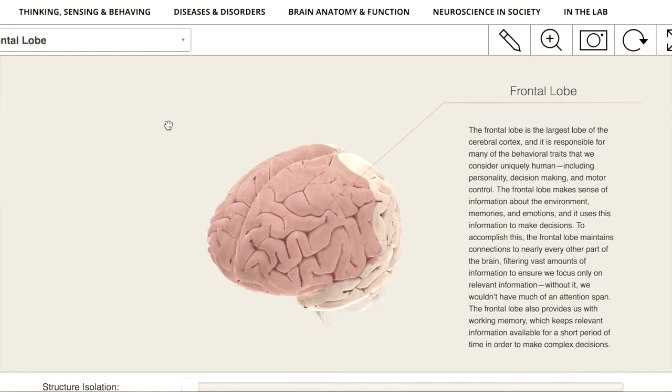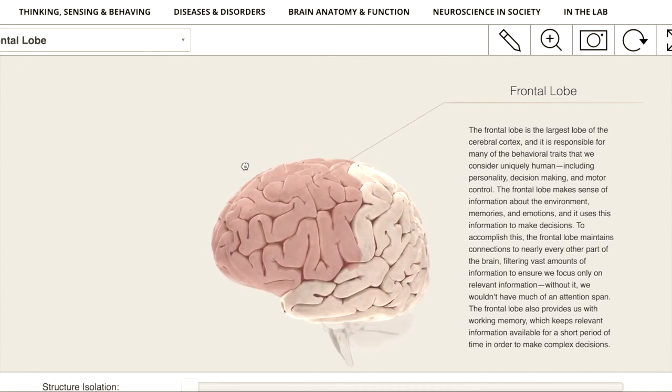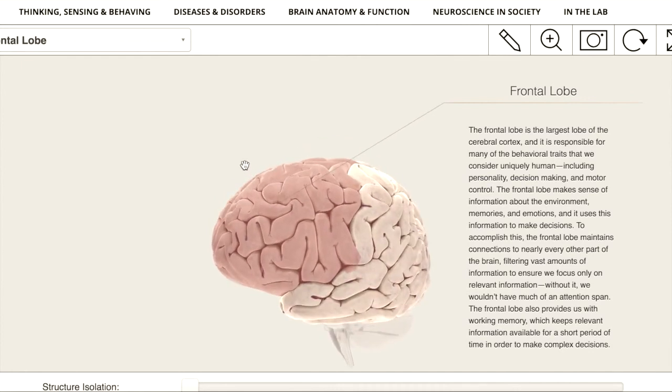And that includes language and communication, because right in here, in the inferior frontal portion of the frontal lobes, on the left side, right in the center of that is what's called Broca's area. So Broca's area is the expressive language center of the brain that connects to Wernicke's area in the back to help us have normal language function.